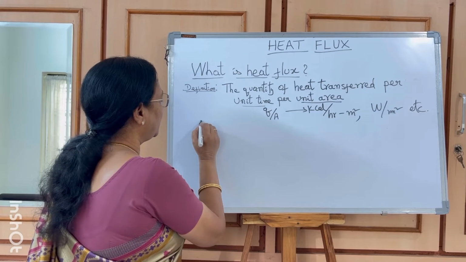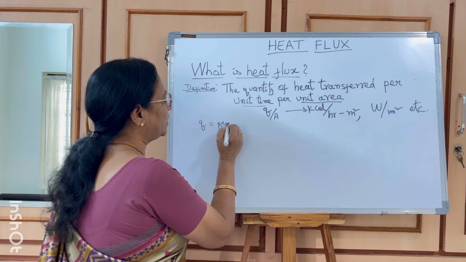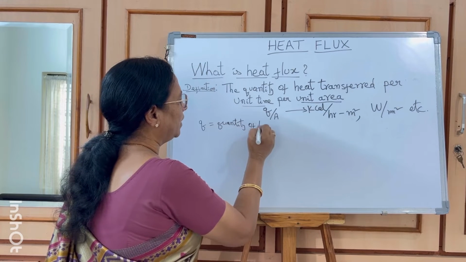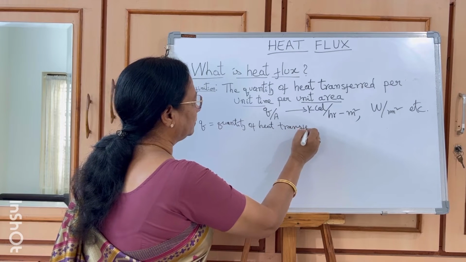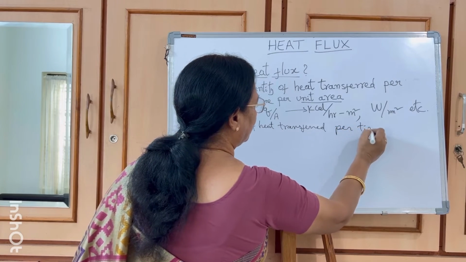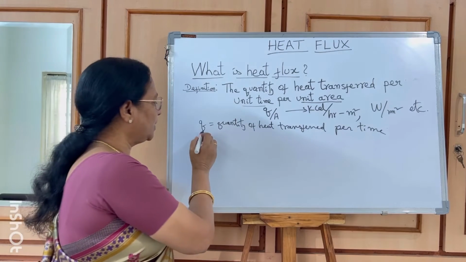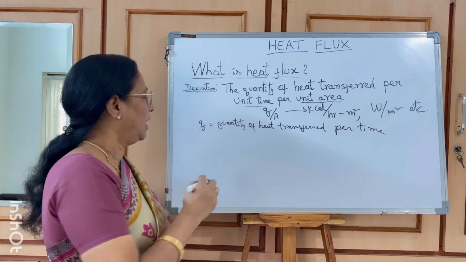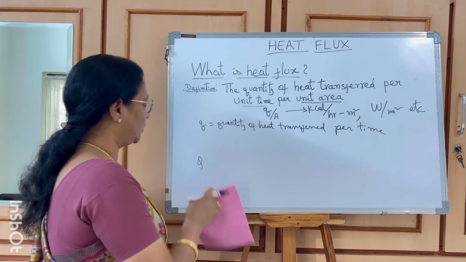Quantity Q. What is Q? Q is the quantity of heat transferred per time. Usually I am using the notation small letter q according to McCabe and Smith, and in some other textbooks capital Q is also used.